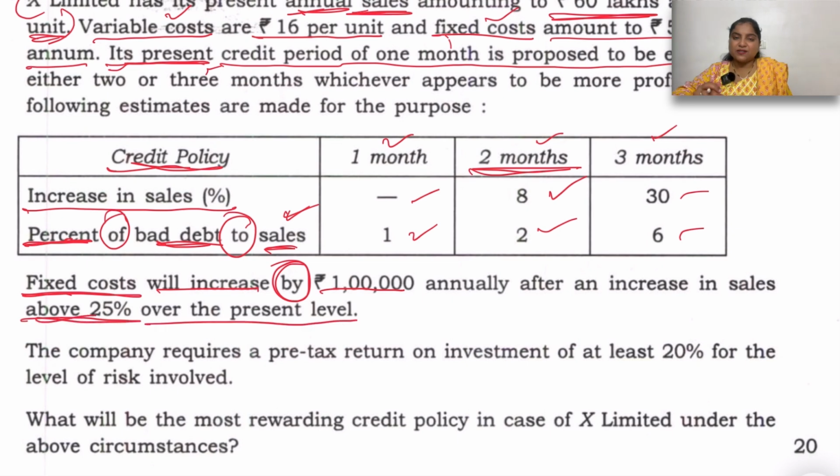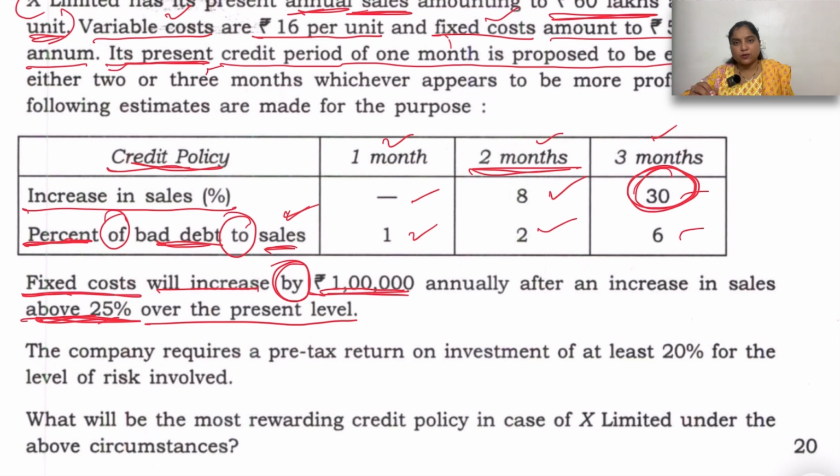So suppose the present level is 100%. If the sales is increased by 25%, the same 5 lakh will continue as fixed cost. What if it increased by 26%, 27%? Whatever be the percent above 25%, your fixed cost will increase by 1 lakh rupees per annum. Agree? So we can see our sales is increasing by 30% in the 3rd month.